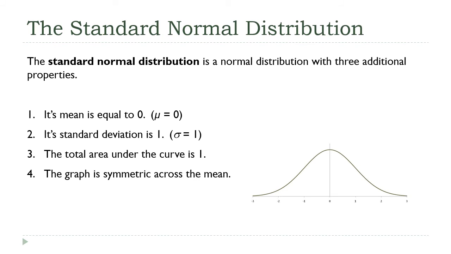So the first thing we're going to do is to narrow our focus down to one specific normal distribution, the so-called standard normal distribution. Okay, a standard normal distribution is one whose mean is 0 and whose standard deviation is 1.